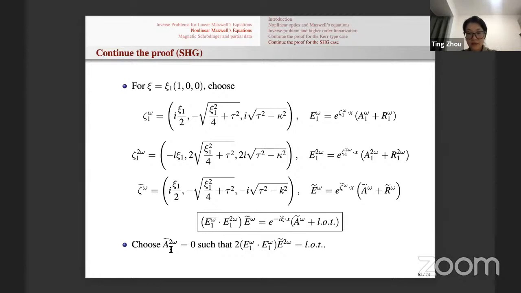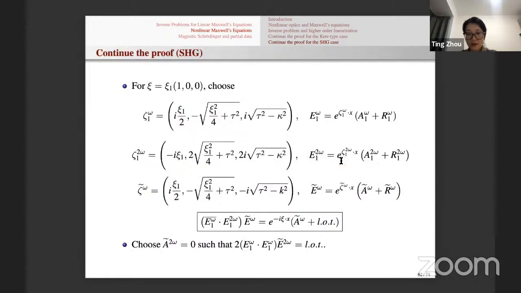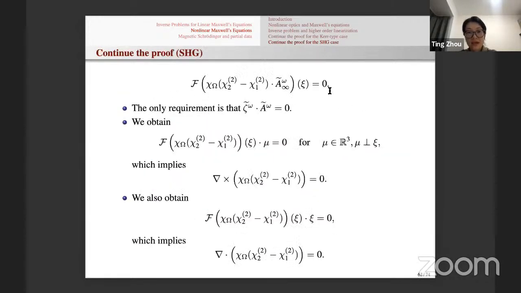And when we plug into this integral identity, the second term, at least the leading term, vanishes. And then you get a Fourier transform of chi2 minus chi1 dot asymptotic amplitude of E tilde omega. Okay.